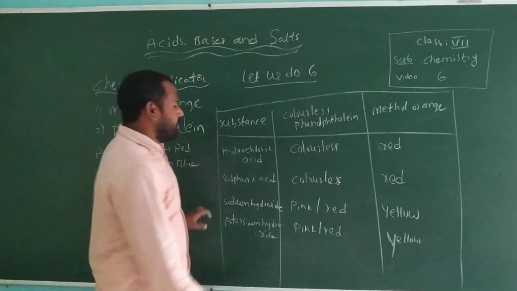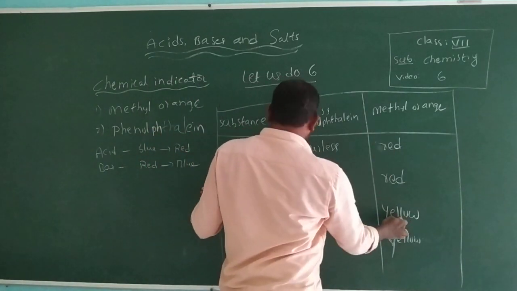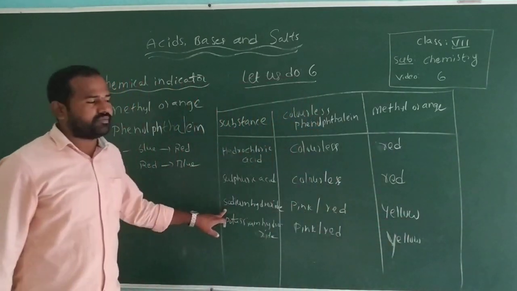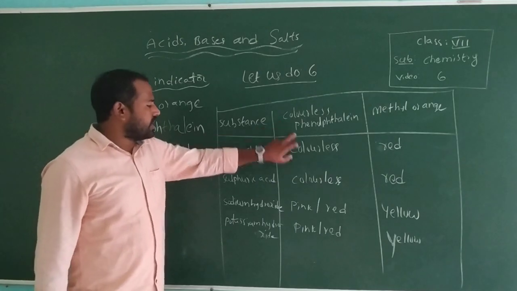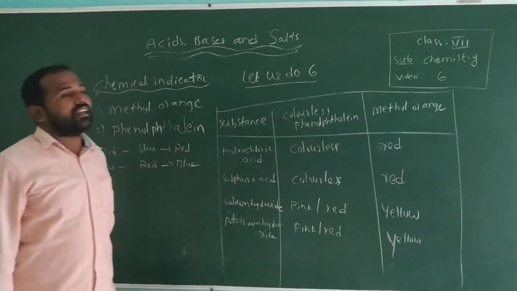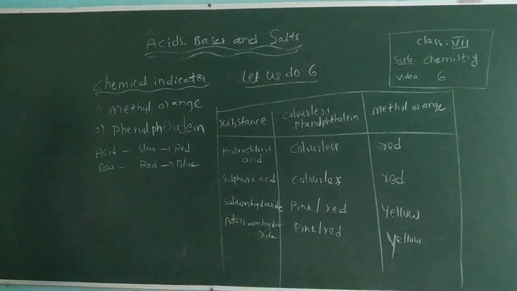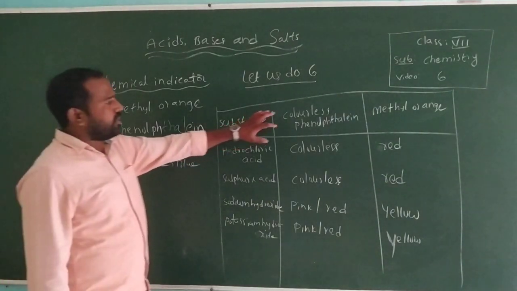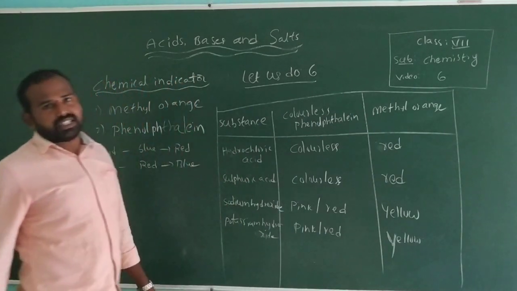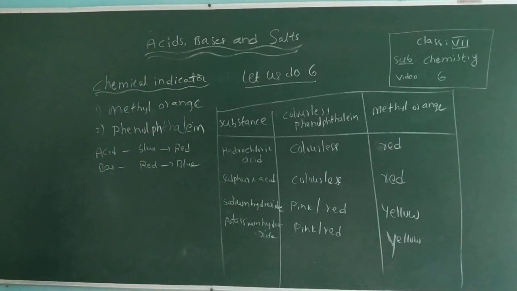Methyl orange gives yellow color with bases, whereas phenolphthalein gives pink or red color with bases. That is the overall conclusion, and this is important: how phenolphthalein and methyl orange give different colors with acids and bases.